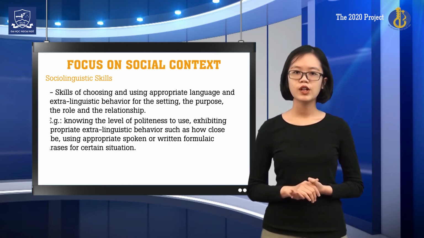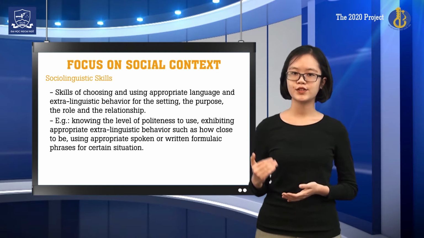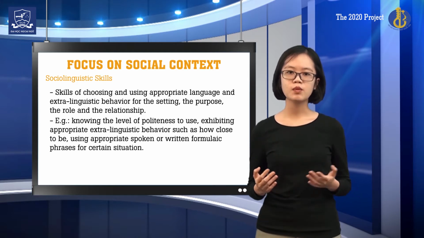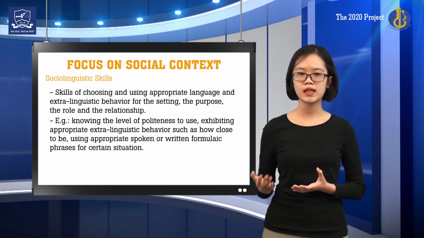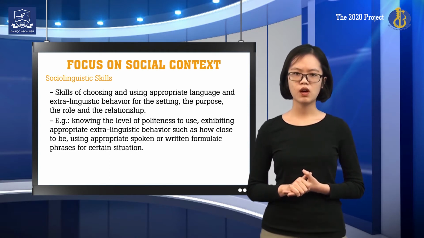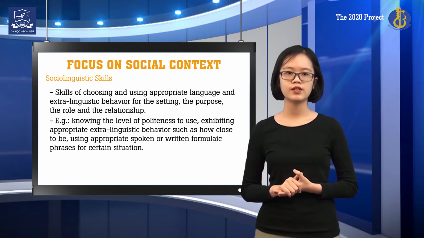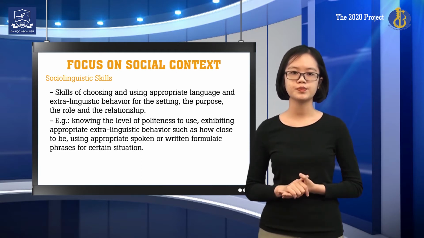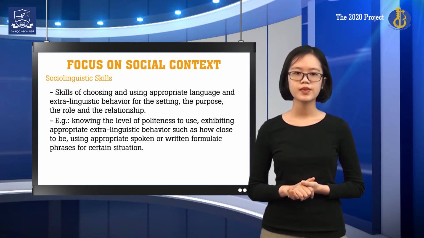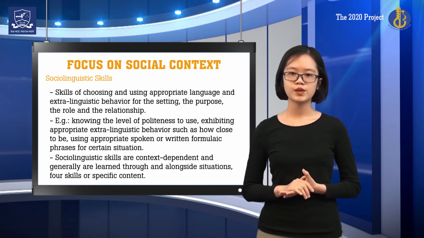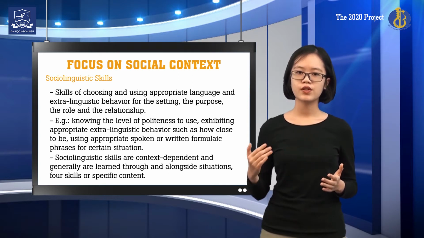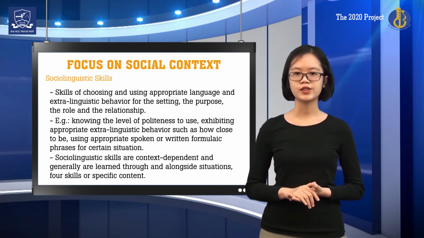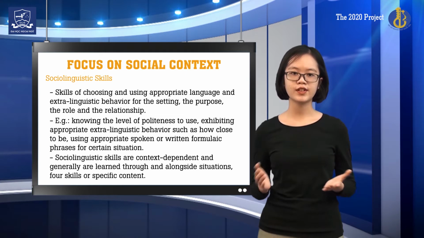For example, knowing the level of politeness to use, exhibiting appropriate extra-linguistic behavior, such as how close to be, using appropriate spoken or written formulaic phrases for certain situations. Sociolinguistic skills are context-dependent and generally are learned through and alongside situations for skills or specific content.